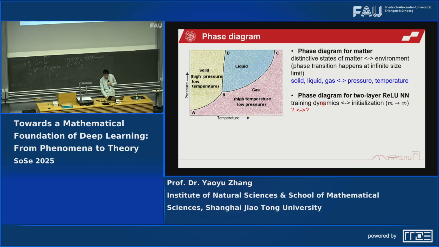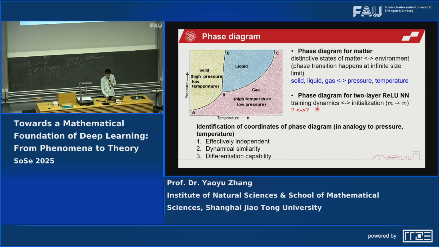Depending on gamma and gamma prime, we may observe different training dynamics. We try to have some criteria to identify what plays the role of pressure and temperature in this system.